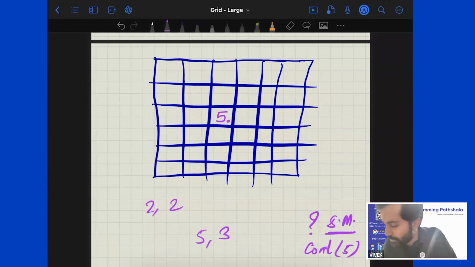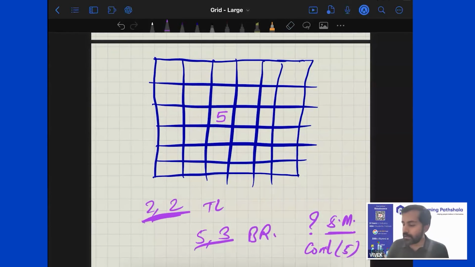This itself is 2 comma 2. And what is 5 comma 3? This. So basically 2 comma 2 and 5 comma 3 is denoting this particular submatrix. All that I'm trying to say is that a submatrix is denoted by a specific top left and a specific bottom right.